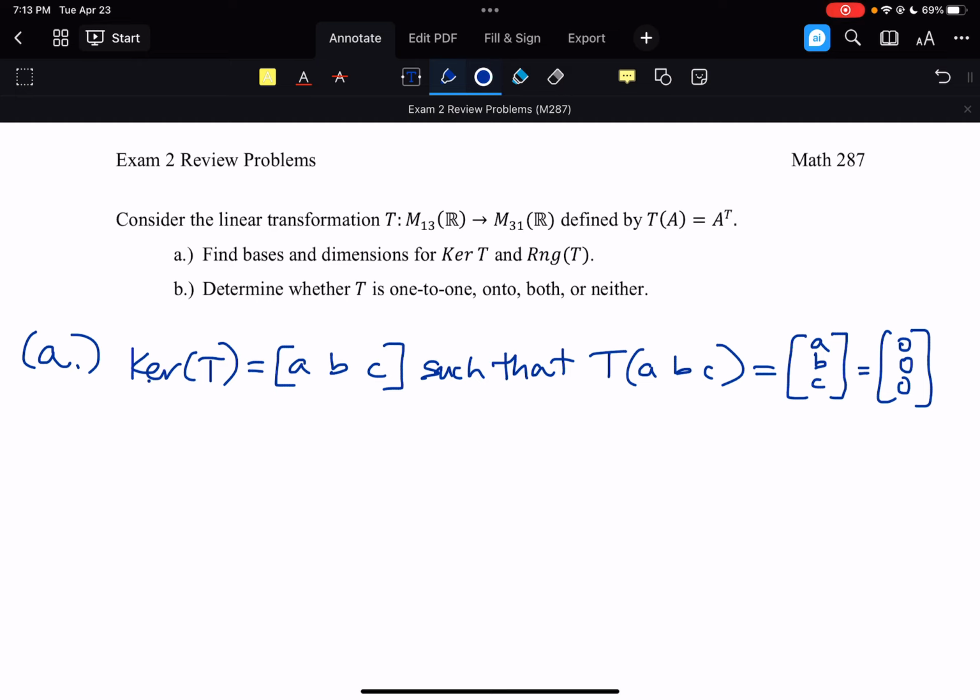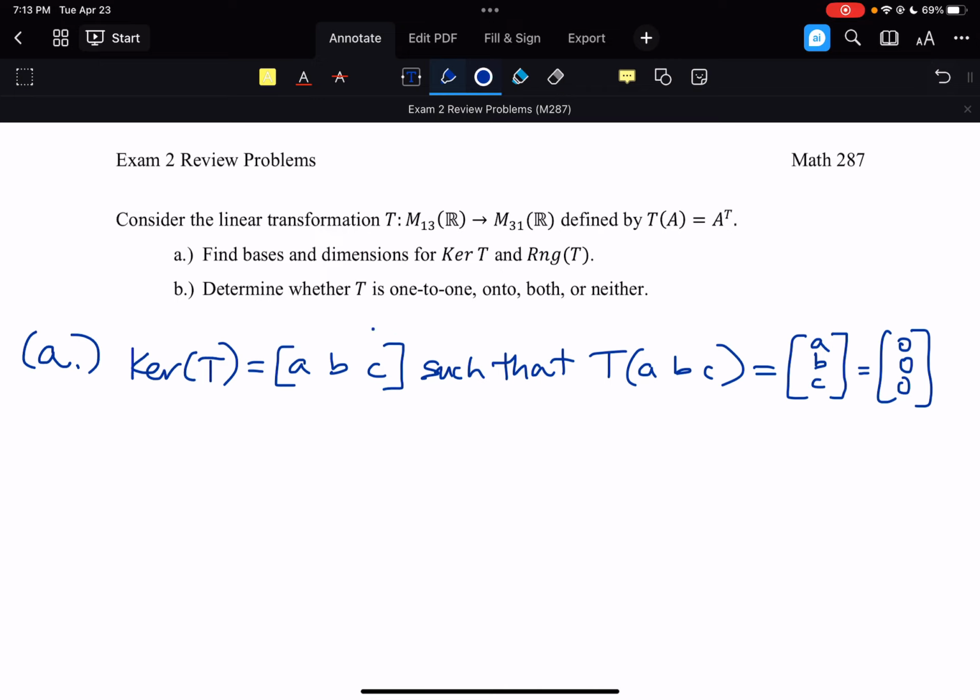So the kernel consists of all 1x3 matrices here that when we transform them by taking the transpose, give us the 0 matrix over here. But the only one that will transform to give us all zeros is all zeros, right? When we transpose, we don't change the value of A, B, and C. So if they're going to be 0 here, then they had to have been 0 here as well, right?